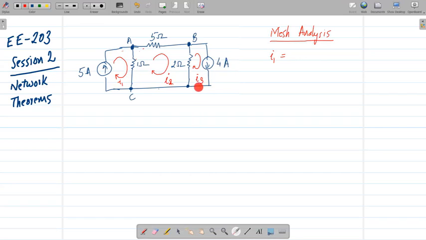So whatever current flows out of this terminal has to flow back into the current source. This is again due to the law of conservation. Charge cannot be created or destroyed in the circuit, so whatever charge exits from one end has to re-enter from the other. So since 5 amperes has to flow into this, you can say I1 is 5 amperes and similarly I3 is 4 amperes. Okay, so let's write that out.